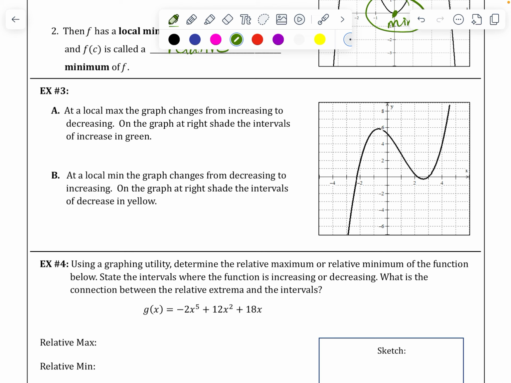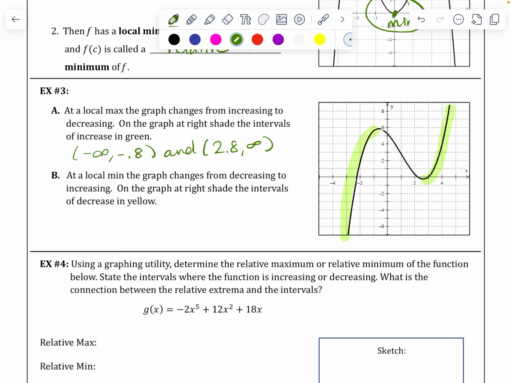So for this example, a local max changes from increasing to decreasing. On the graph on the right side in intervals, shade the increasing intervals green. So I'm going to take my green highlighter and shade the increasing intervals green, which are from -infinity until about, it's a little bit past -1, so I'm going to say to -0.8, and from 2.8 to infinity.